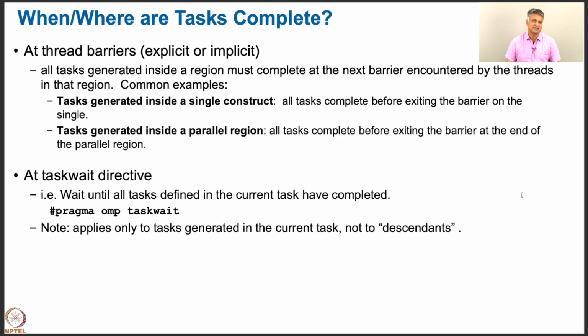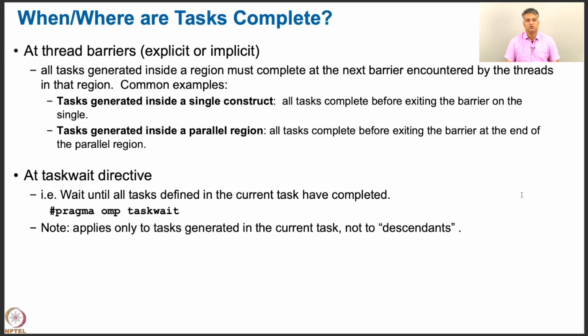For example, for tasks generated inside a single construct, all tasks complete before exiting the barrier of that single. For tasks generated inside a parallel region, all tasks complete before exiting the barrier at the end of the parallel region. We also have another directive called taskwait.